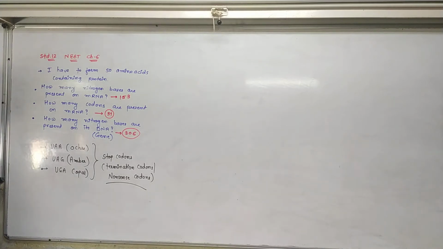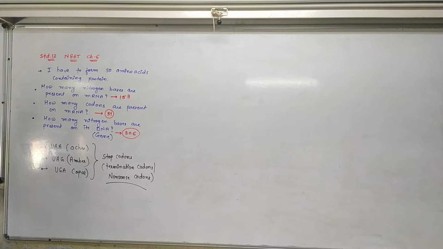UAA code is known as Ochre, UAG Amber and UGA Opal. This is the name of these stop codes. They are also known as termination codons or nonsense codons.